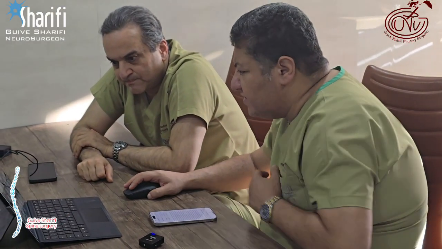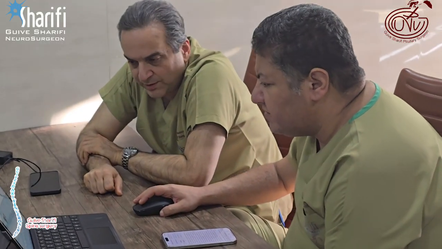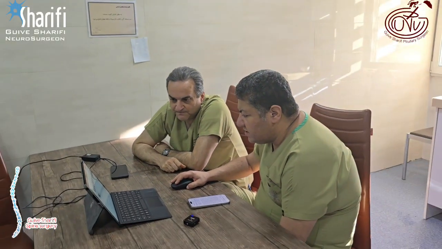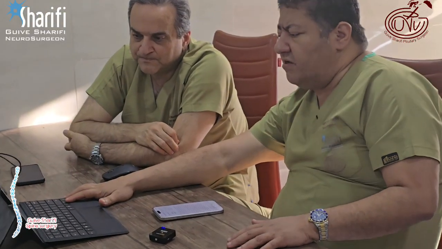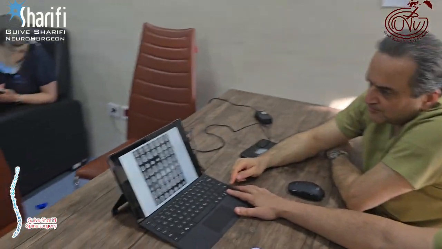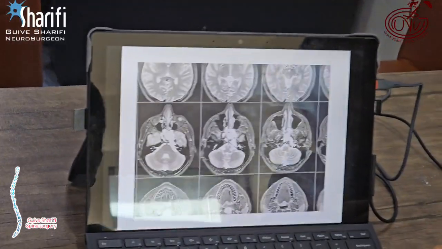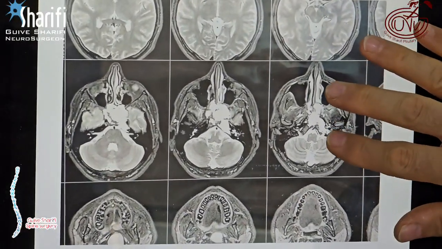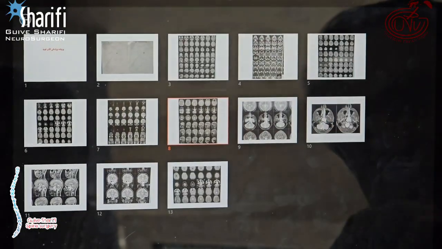The third case was a boy, 21 years old, presented with hyponasal speech and nasal obstruction on the left side. This was very interesting, a very unusual case again. On evaluation, they found a skull-based tumor that filled every aspect of the nasopharynx, and this is the MRI that the patient was referred to us with.